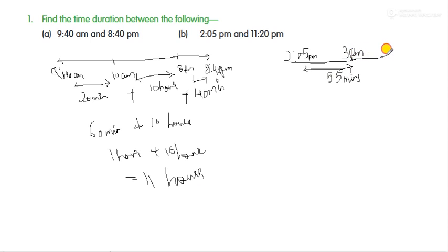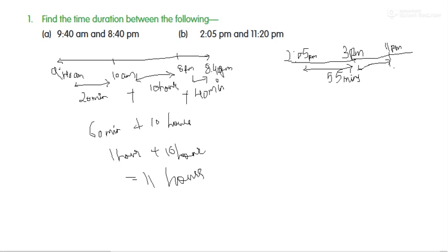Now 3 to 11 p.m. The difference of 3 to 11 is here: 3 to 4, 4 to 5, 5 to 6, 6 to 7, 7 to 8, 8 to 9, 9 to 10, 10 to 11.